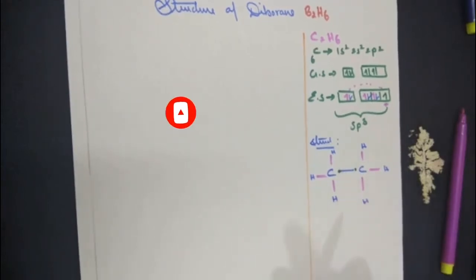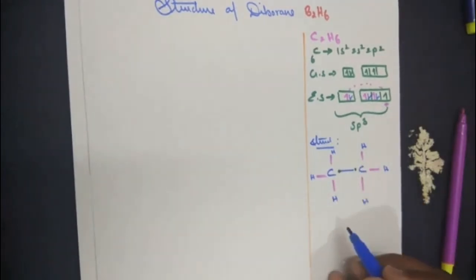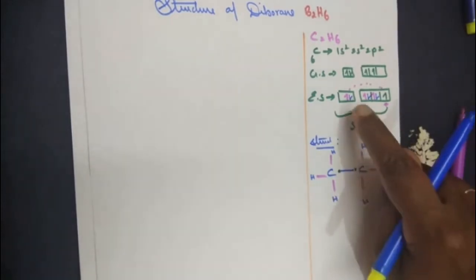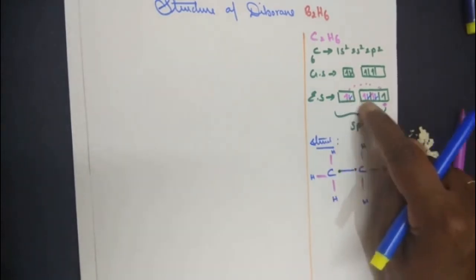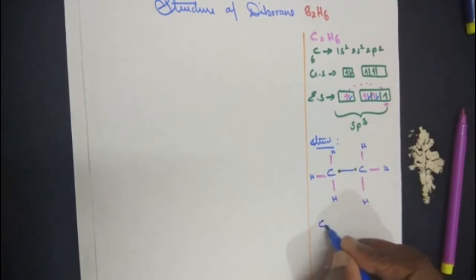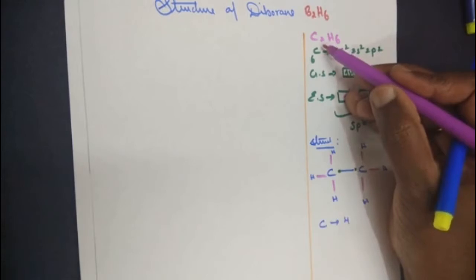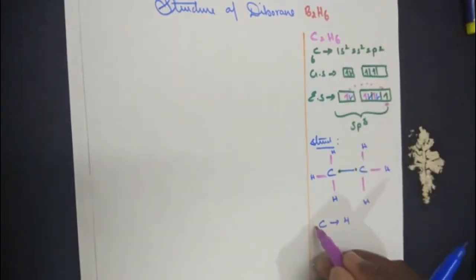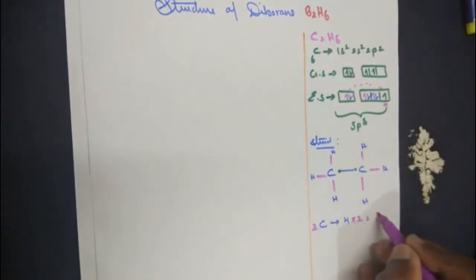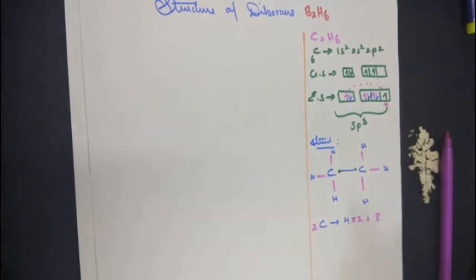Now let's see how many electrons are involved here. 1 carbon gives 4 valence electrons. How many carbons have we taken? 2 carbons, so 2 carbons give 8 valence electrons. 1 hydrogen gives 1 electron.